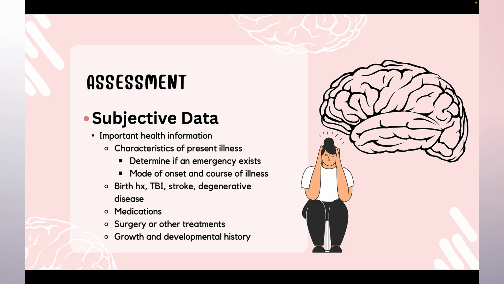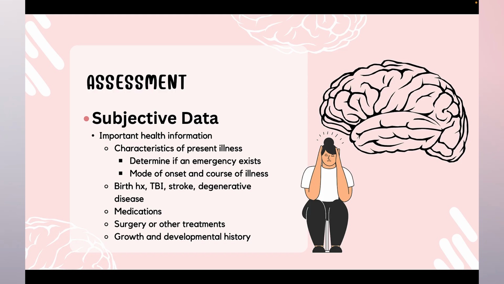Medications that you would want to discuss would be medications such as sedatives, opioids, anything that could affect their level of consciousness, or any other type of neurological medication like seizure medications, or medications for like anxiety, depression, those types of things that can affect somebody neurologically.